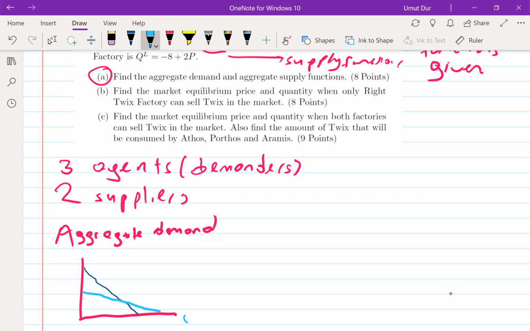Here is the quantity, here is the price. Then for the aggregate demand, we need to focus on the extreme points.